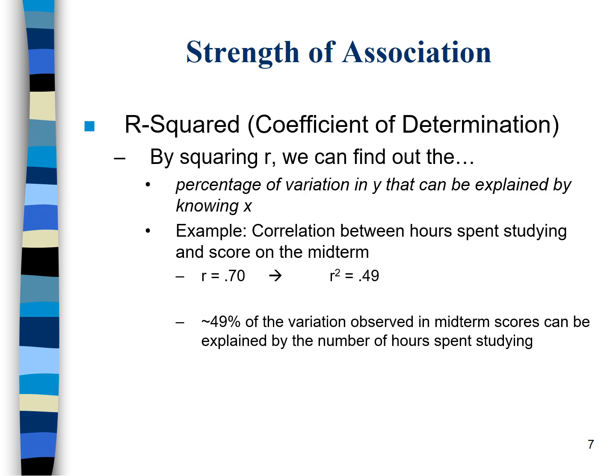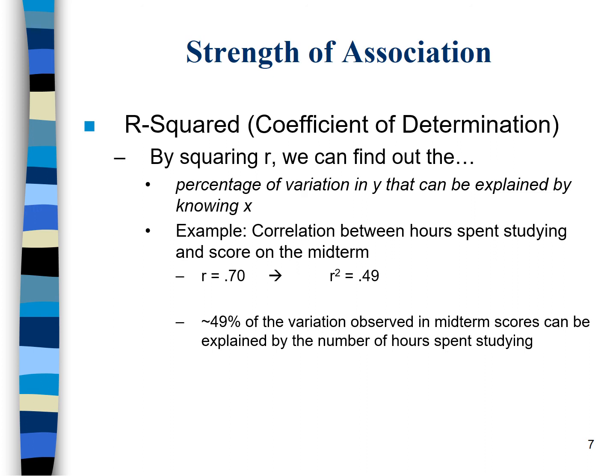Thinking back to our canned language, I started off with the percentage of variation in Y. What was Y? That's our outcome, our midterm scores. And then can be explained by X. What is X? X was our number of hours spent studying. So that right there is a very useful tool that also makes it nice to present to an audience.